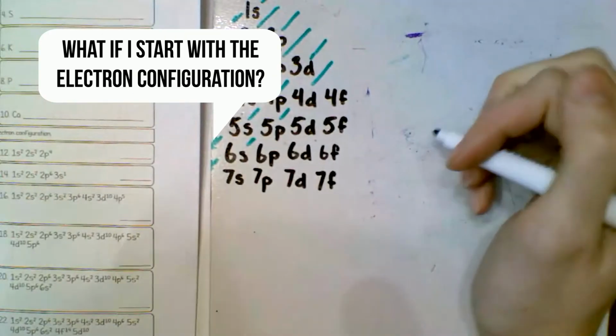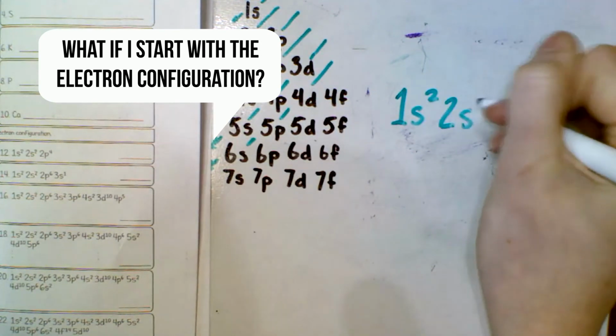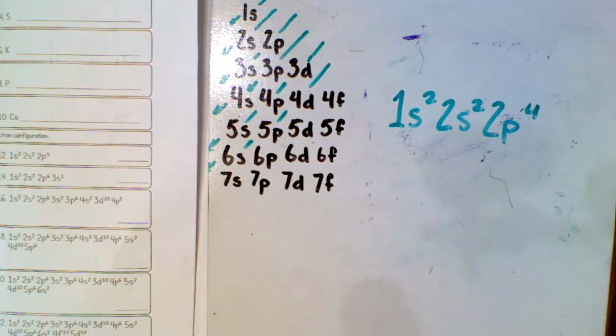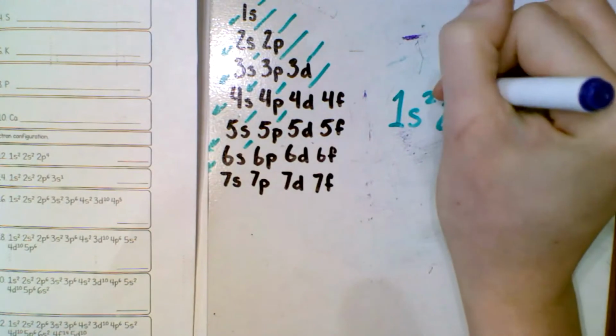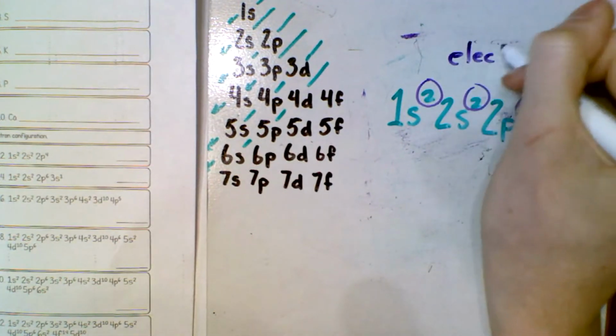I have, write it bigger, 1s2, 2s2, 2p4. Remember our exponents here, just like you figured out in your POGL. These are my electrons.